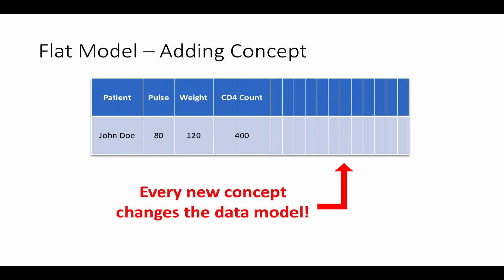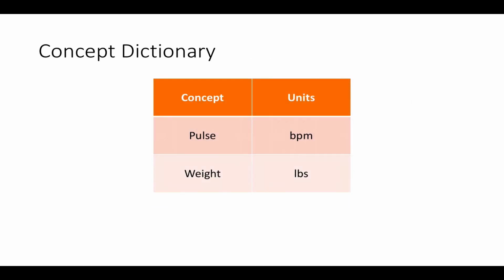So the approach from the beginning with OpenMRS was to introduce a concept dictionary. The concept dictionary is a table itself, which basically has the notion of a concept and maybe some information about it, maybe units or value ranges or what type of data it takes. Does it take a numeric result or a date or maybe another concept as an answer?